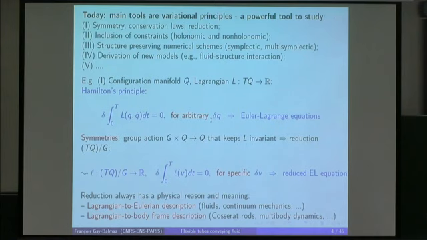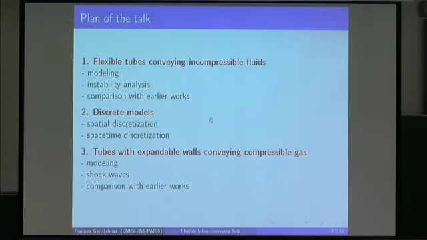So it's a left invariance, right? If you have invariance under relabeling symmetries, you go from Lagrangian to spatial description. That's what you do in fluid dynamics. If you have left invariance, covariance of the space, the associated reduction by symmetry is the Lagrangian to body frame description. So both of them will appear today because I will study the interaction between fluid and Cosserat rod theory. So that's the setting.